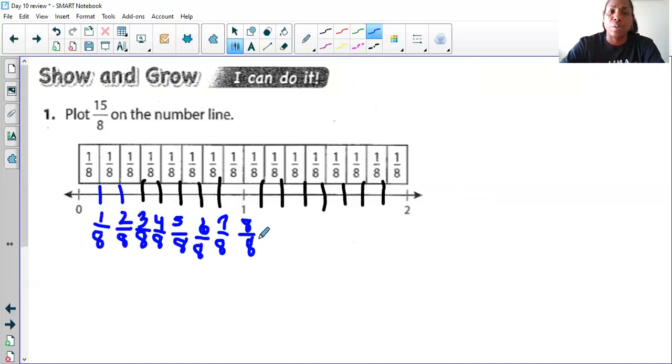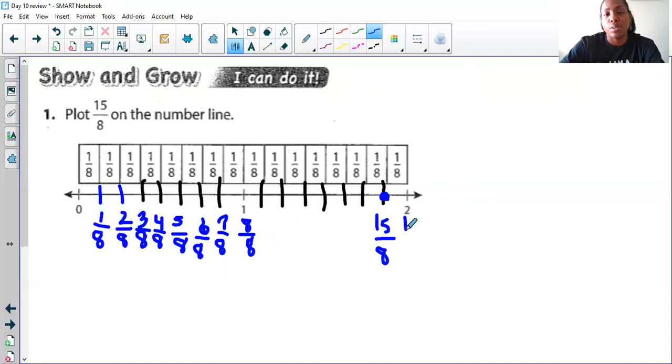So I want you to keep going. So this line right here obviously will be 9/8, 10/8, 11/8, 12/8, 13/8, 14/8, and then we've got 15/8 right here. And I'm gonna go ahead and plot that on this number line, 15/8.